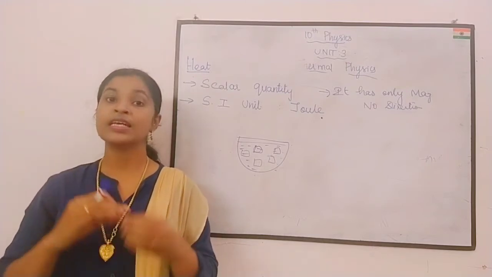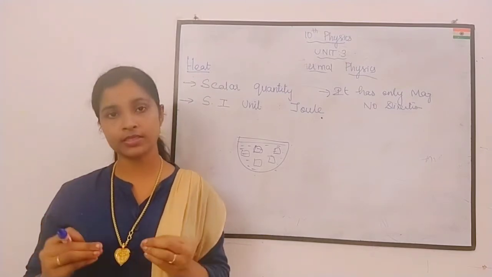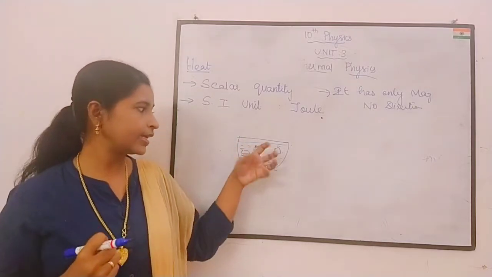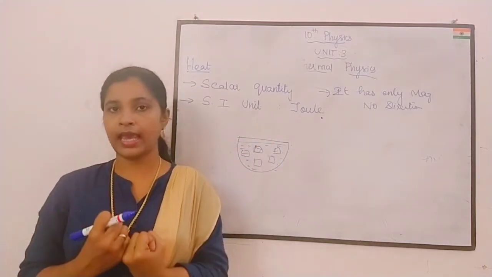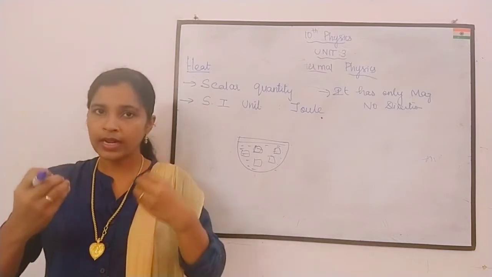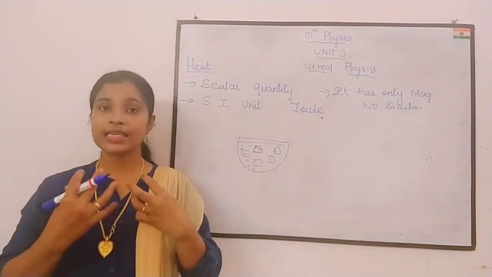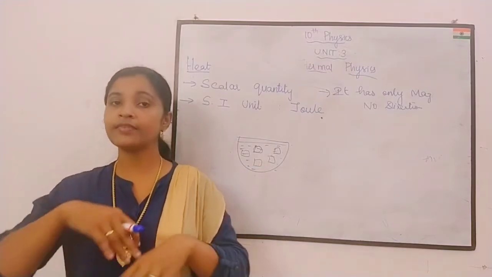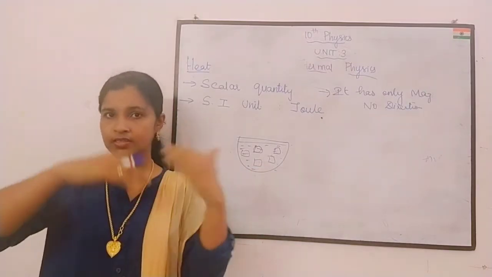Similarly, at the same time, the ice cube has gained heat and so it melts. Because of this heat gain, the hot water loses some heat. Heat can neither be destroyed nor created, it will only transfer, right?